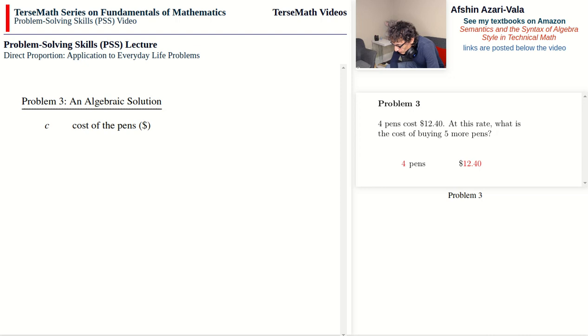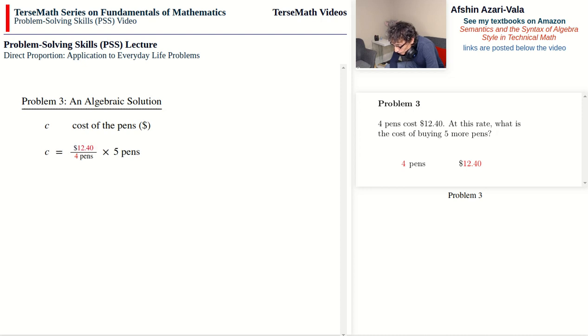And therefore, because there is only one relationship, our equation will have one division multiplied by some number that follows. The number that follows the multiplication sign is the one we want to work out, the 5 pens. And the numbers on the top and the bottom of the division will come from the relationship 4 pens, $12.40. We match the unit down here, so 4 pens goes down and $12.40 goes on top.